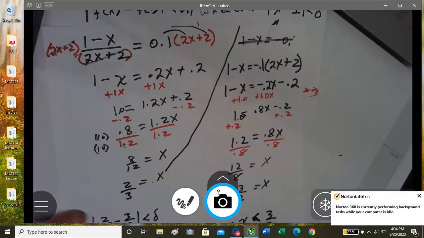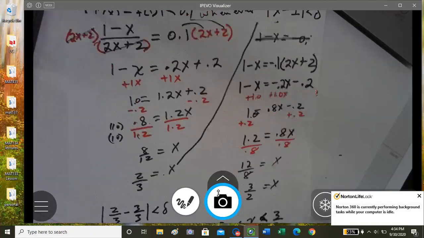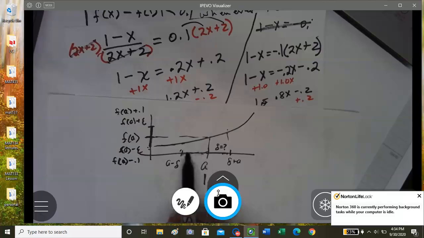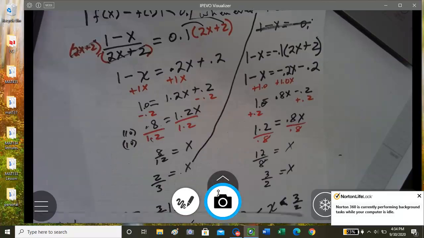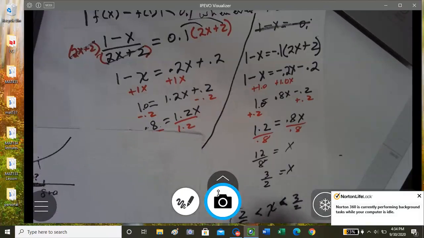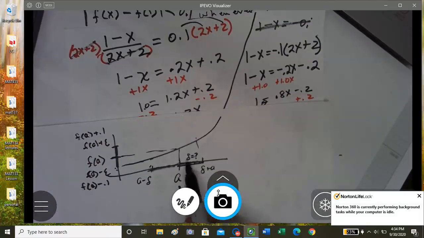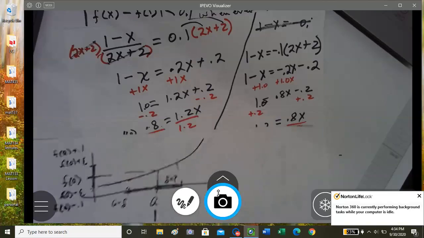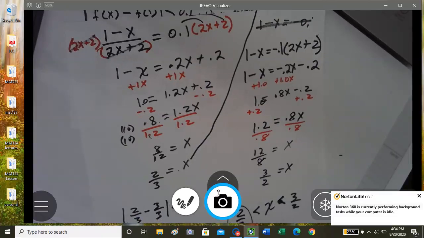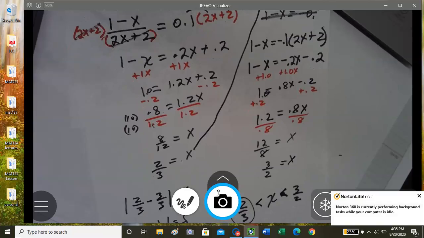Okay, so what we have here is x is less than 3 halves but greater than 2/3. So when we're talking about this range here, we can use somewhere between 3/2 and 2/3. So what we want to do is choose the smaller number, because that'll just get us closer to the epsilon that we were looking for. So therefore, delta is equal to 2/3. And that's it.